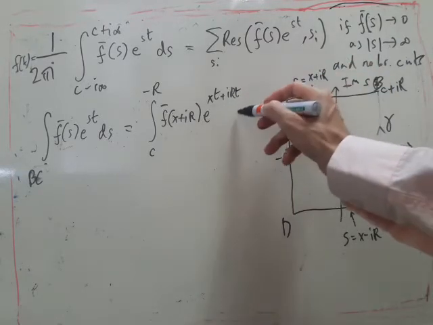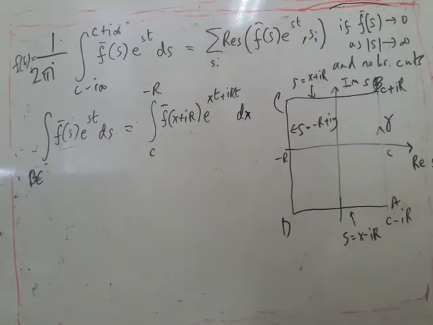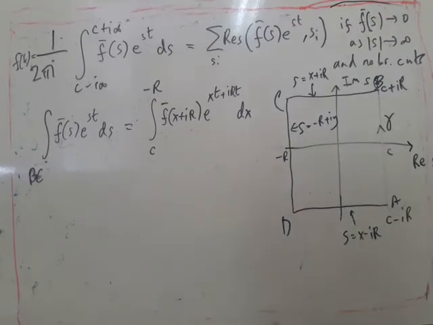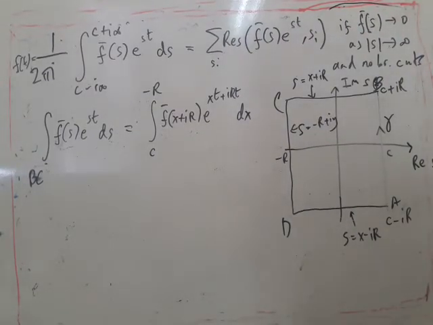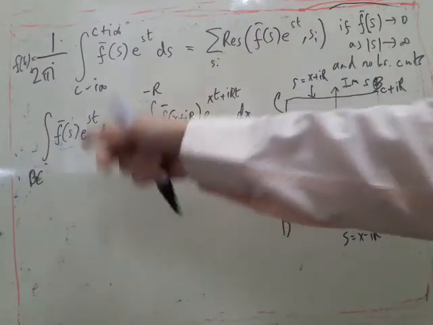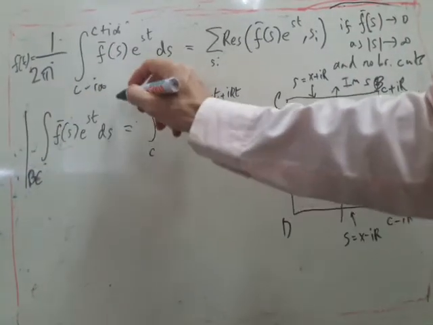And then ds is just dx. So we're basically just interested in the magnitude of this. Does the magnitude of this go to 0? So I'm going to put absolute value here.